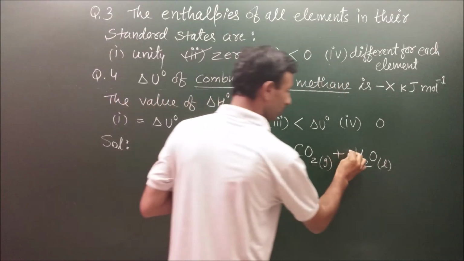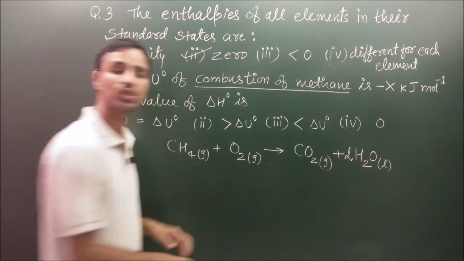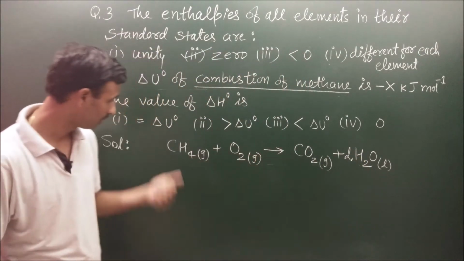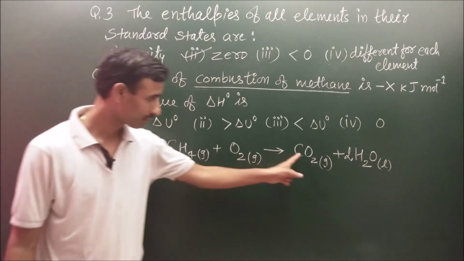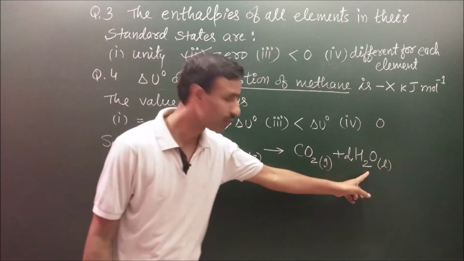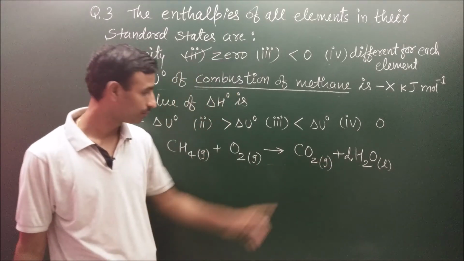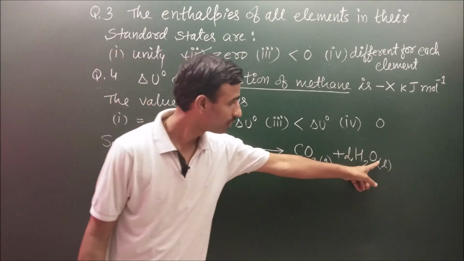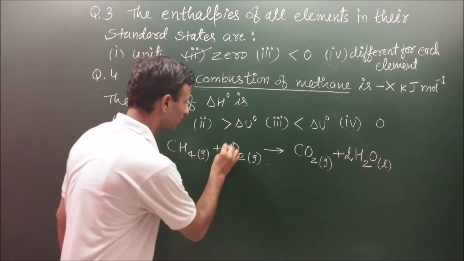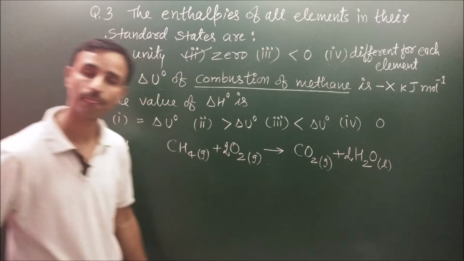There are 4 hydrogens, so it is like this. Now you can look at this equation: carbon 1, carbon 1, hydrogen 4, hydrogen 4. What about oxygen? 2 oxygens, 2 into 1, 2, 4 oxygens. So there is 2 O2.